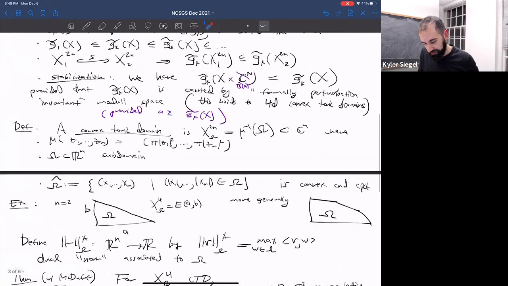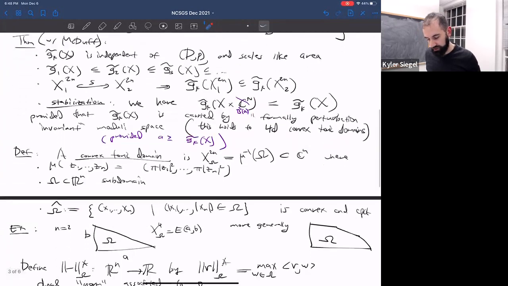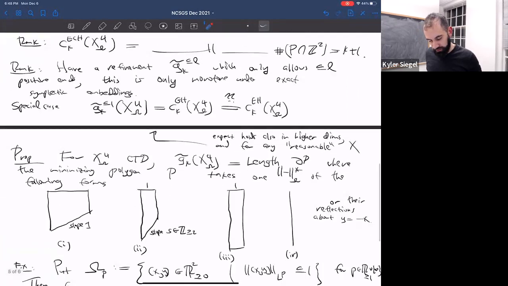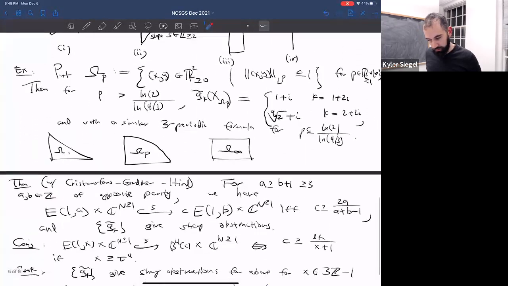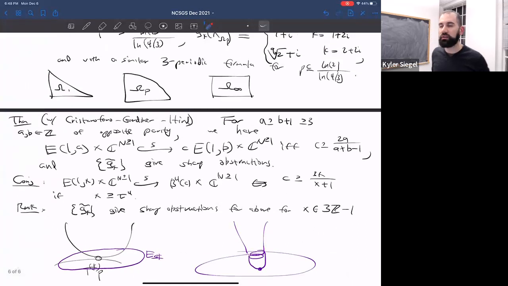Two directions beyond for me that are interesting. One is, as I was saying, I don't really know if this tilde approach works for the GB, but at any rate, there are still a lot of open questions about the GB capacity.